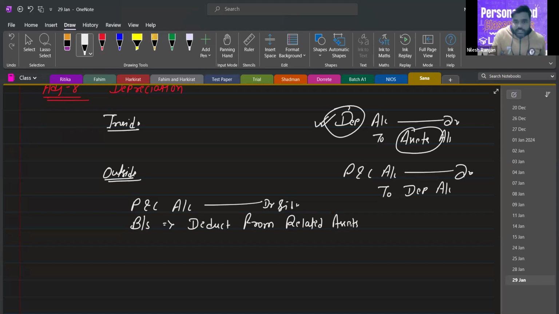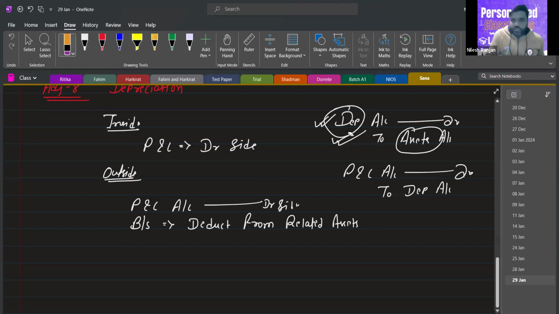Now, if it is inside, it means this entry is already passed, so this adjustment is not required. So only the profit and loss debit side. Understood? Okay. Now write these. After that, we will solve a question.